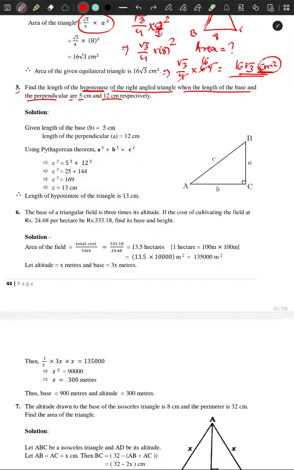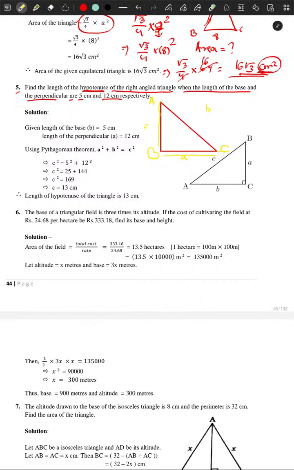Here we can draw the right angle triangle clearly and mention its vertices ABC. It is the small b, it is the small c, and it is small a. It is the perpendicular, it is the base.